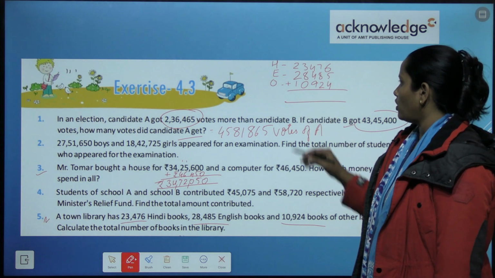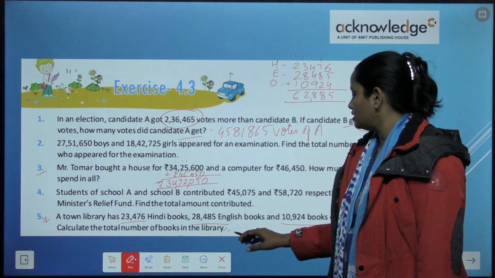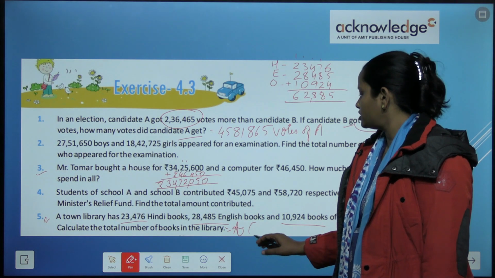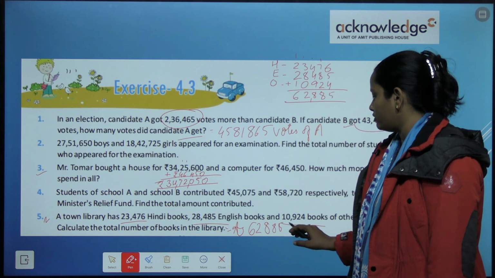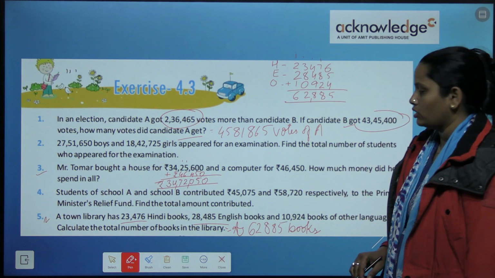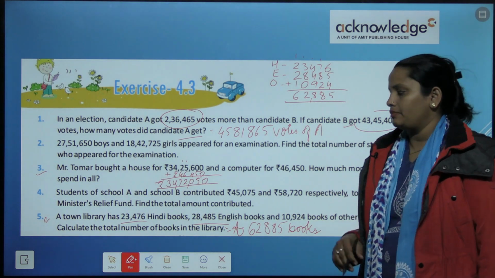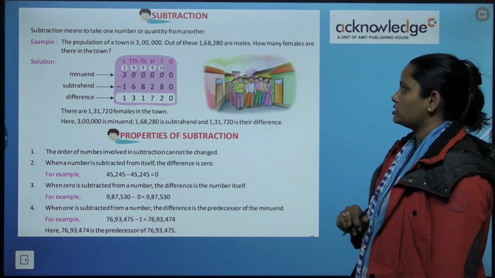So when we add all these numbers we get that there are total 62,885 books. There are total these many books in that library. I hope this is clear. Similarly, you have to complete the rest of the questions.